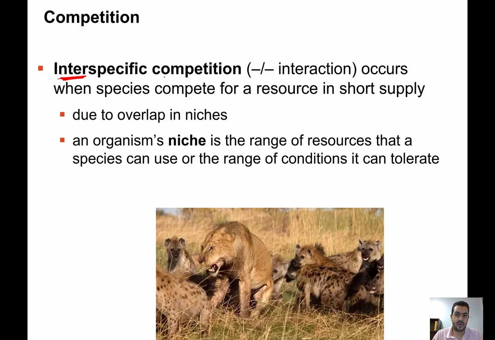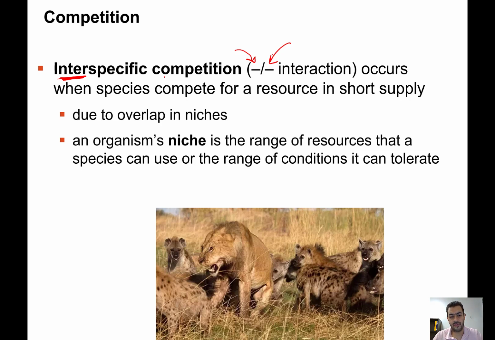Now we are talking about something else, which is the competition that is taking place between members of different species. So always this competition is given by the signs minus minus, so it's affecting the ability of both species to survive or to reproduce, and this is the situation that we will see when there is a limited supply of resources and both species are sharing the same niche, so there is an overlap in their niches.